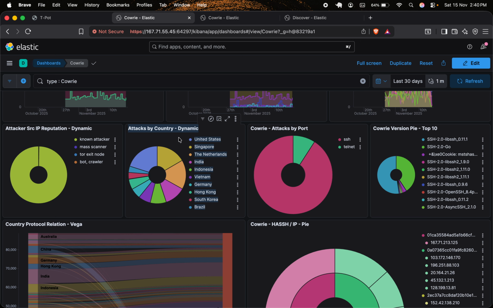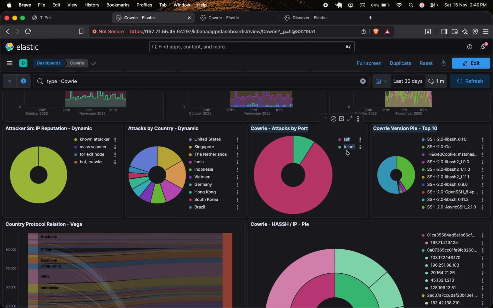It's United States, Singapore, Netherlands. And the attack by port section is about which port attackers want to exploit the most. It's SSH, obviously, because our latest systems run over SSH. Telnet is still used, but it's a very old technology.